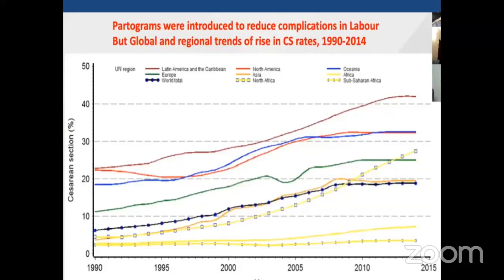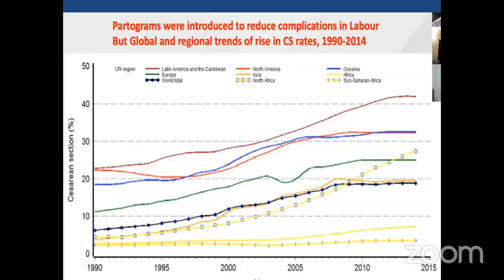That is the validated data that is available from WHO. The different colored lines each represent a country. You can see Latin America and the Caribbean at the topmost. And if you just look at 2015, isn't it amazing to see that 50% of the deliveries are by Caesarean section?